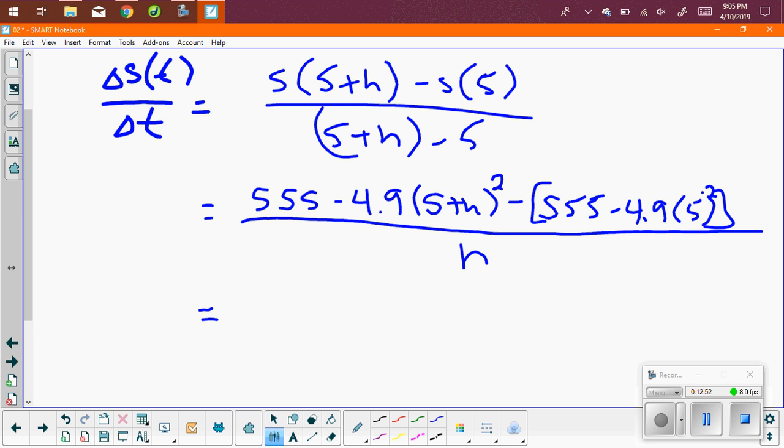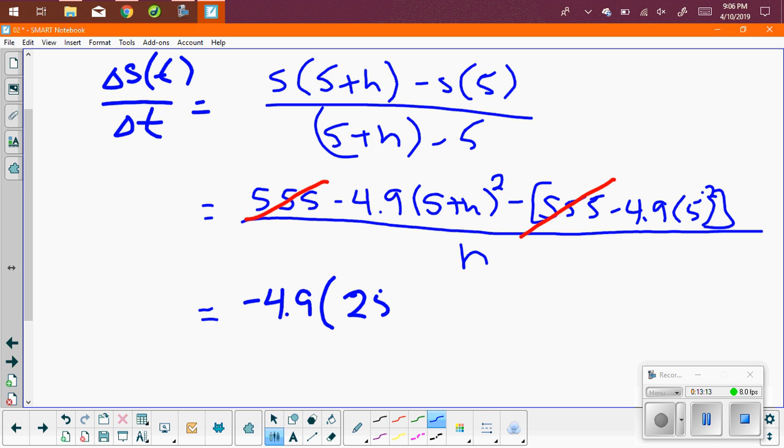In the numerator, I have some expanding to do, and I have some canceling I can do. I have 555 minus 555. So I have negative 4.9 inside the brackets. I have to double that and FOIL it out.